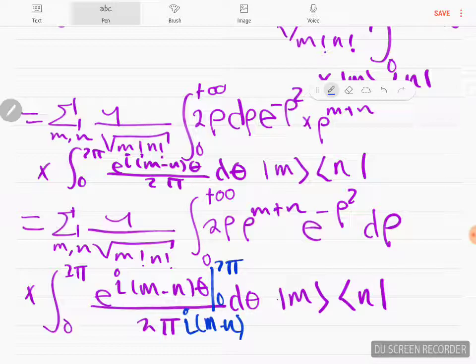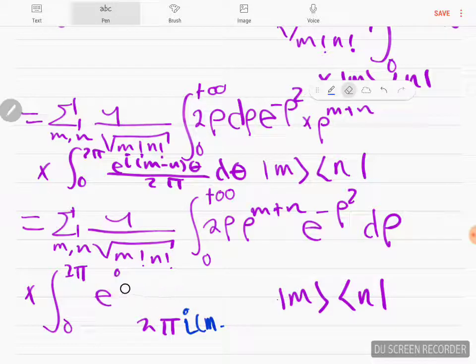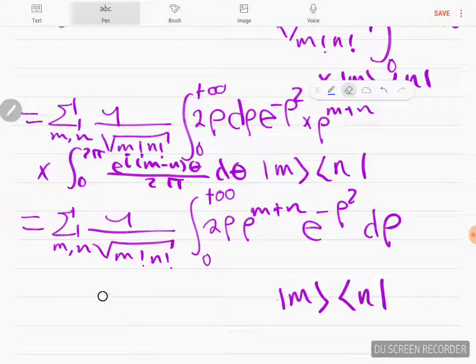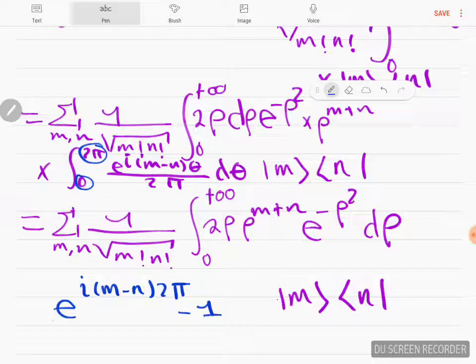So if we rewrite this after performing the integral, you can see that the actual value of this integral is e to the i(m minus n) times 2 pi, which is what we get when we replace the upper limit, and when we replace the lower limit it is 1, divided by 2 pi i(m minus n).